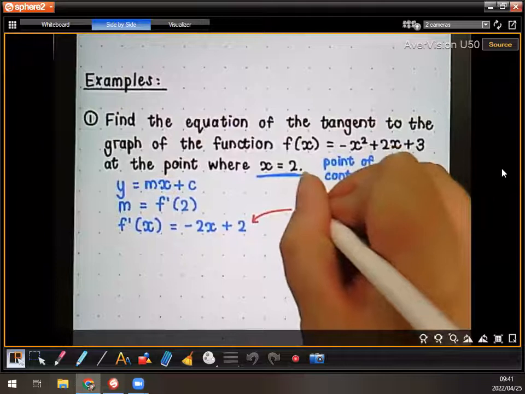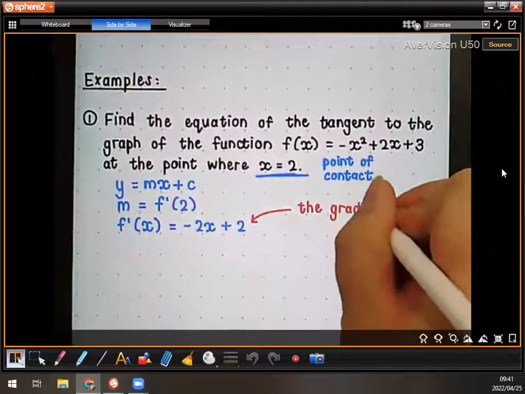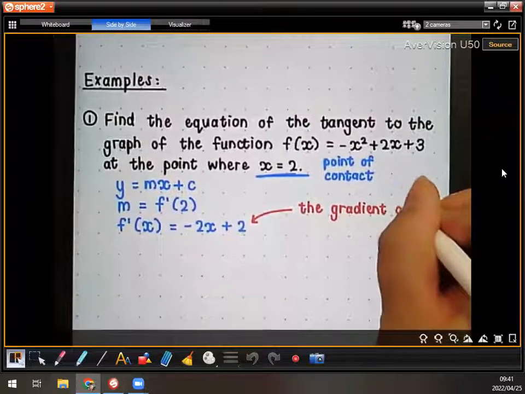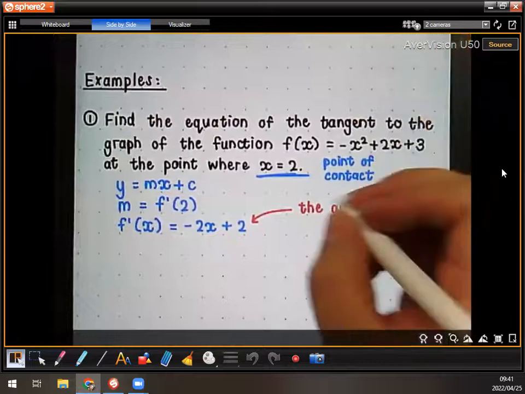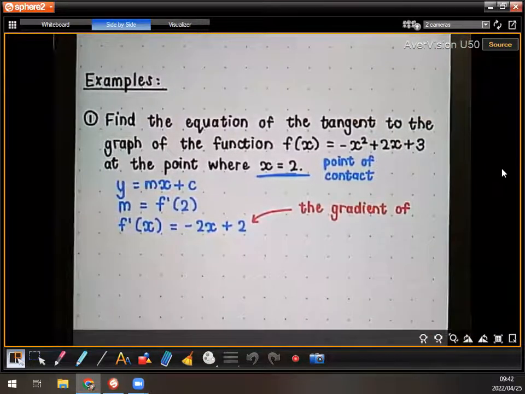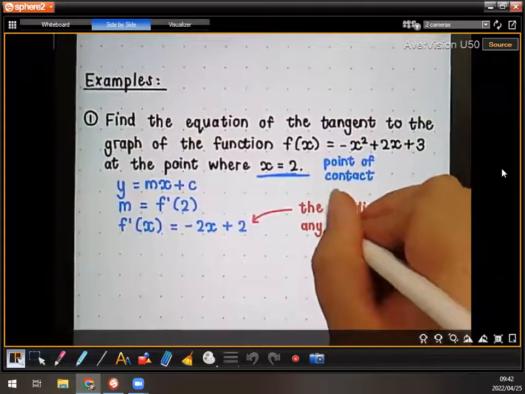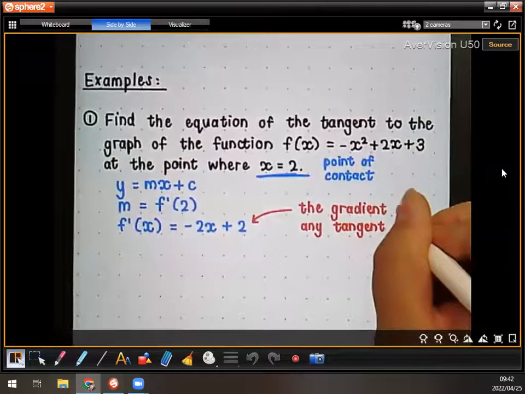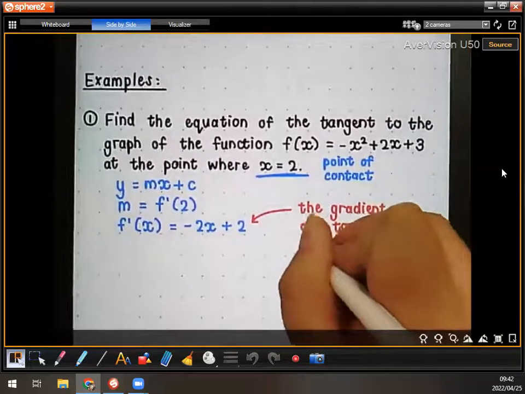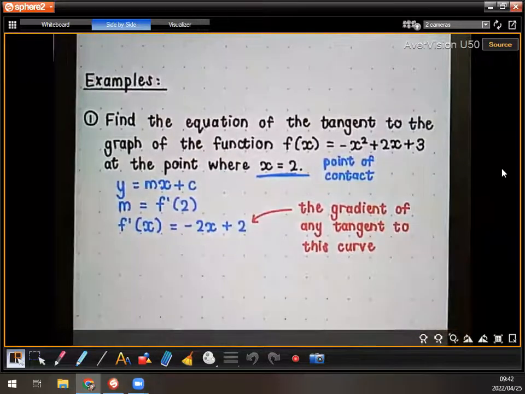This is the gradient of any tangent to this curve.